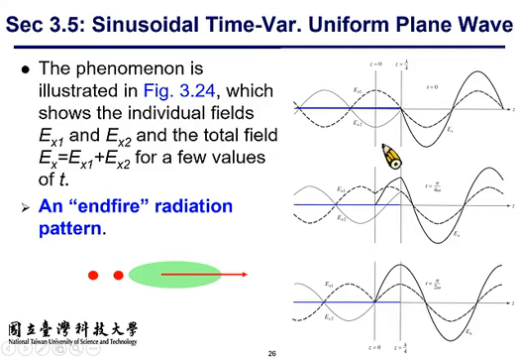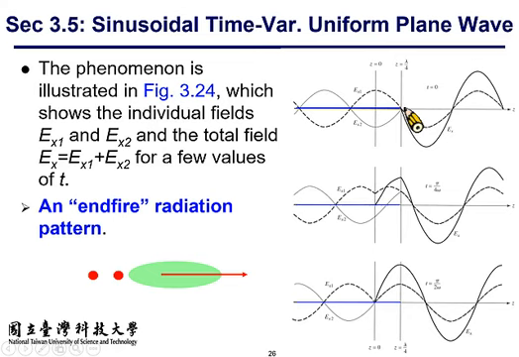representation shown in the textbook. So you can see that the dashed line is the result of the first current source, the one placed at z equal to 0.